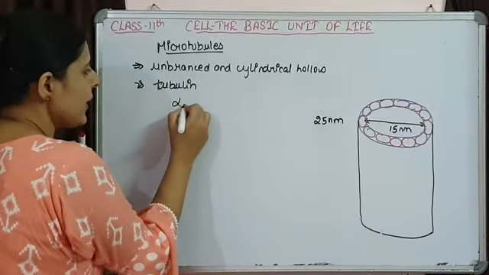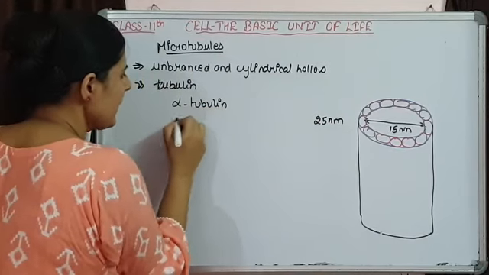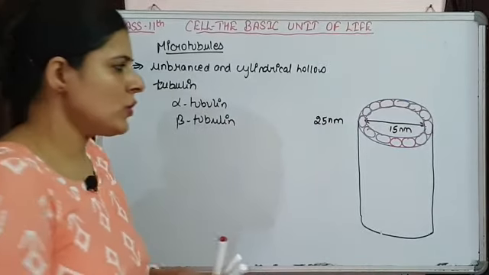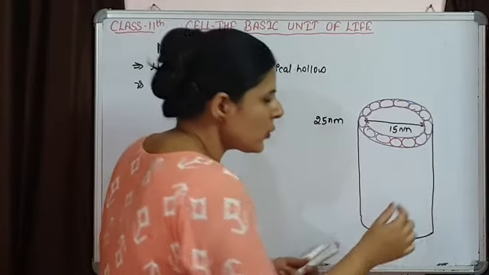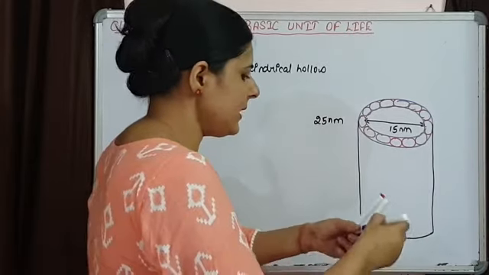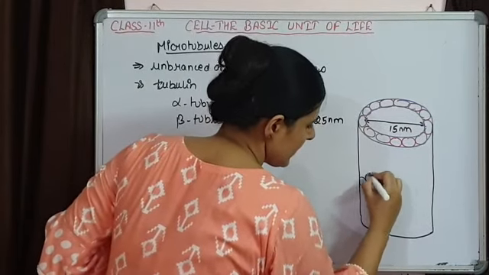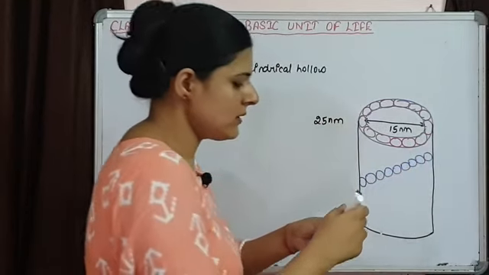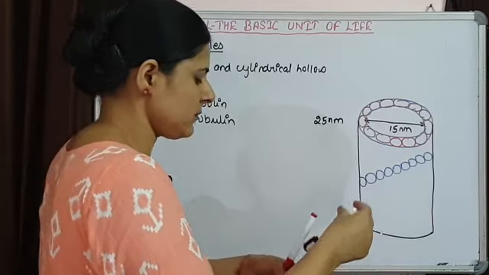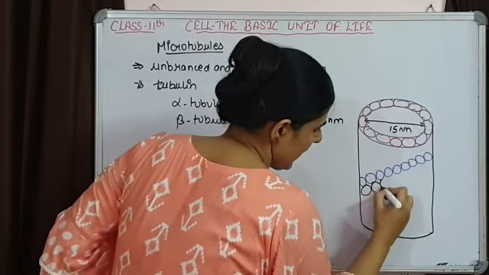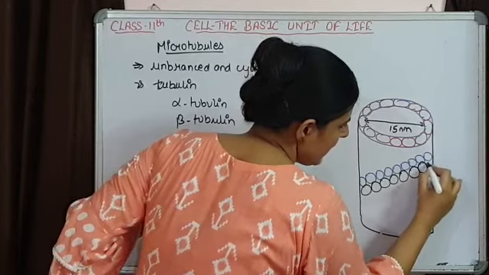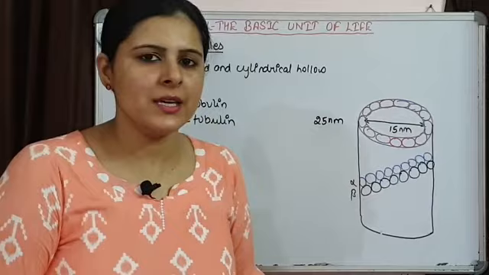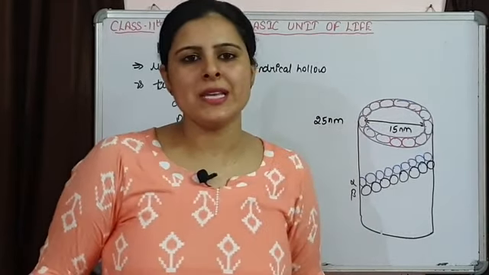These are alpha tubulin and beta tubulin. So these protofilaments are going to be present over here like this, like if I am making rings. So this is how it is associated. One alpha tubulin and one beta tubulin. So alpha is there, beta is there, again alpha is there, again beta is there. So this is how these microtubules are present.